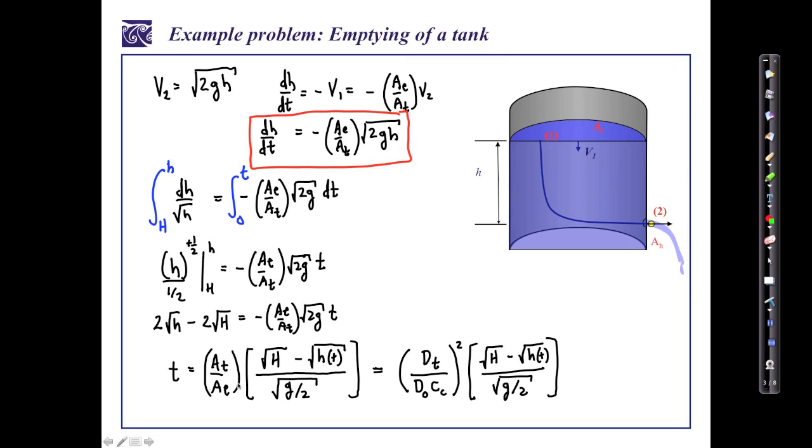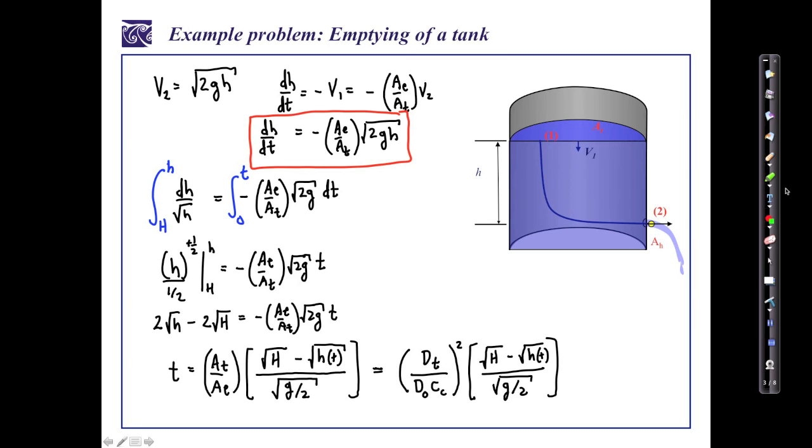So this is the ratio of the areas, square root of H minus square root of h of t, so that's whatever the height is at a given function of time. You can invert that to calculate how h varies with time. It goes with t squared.